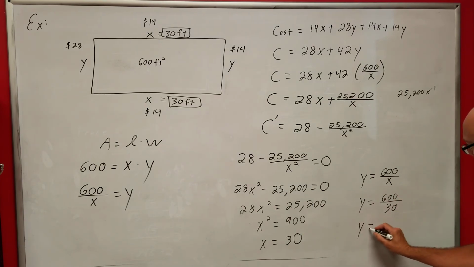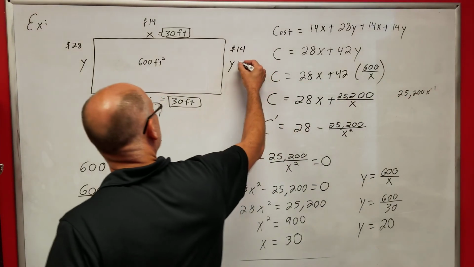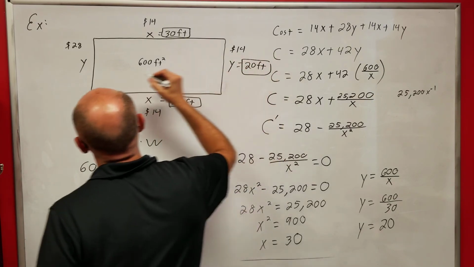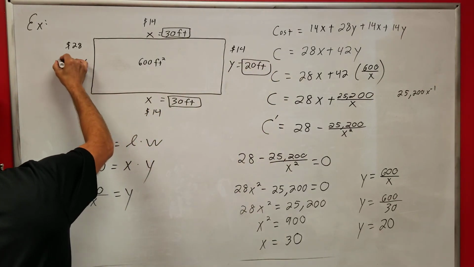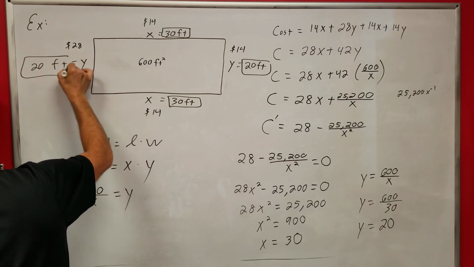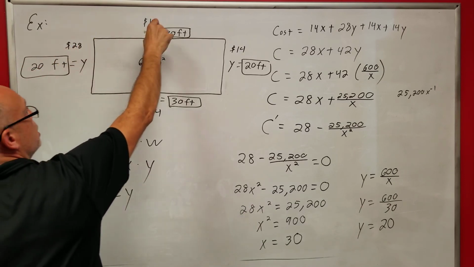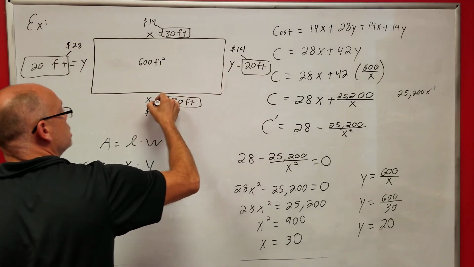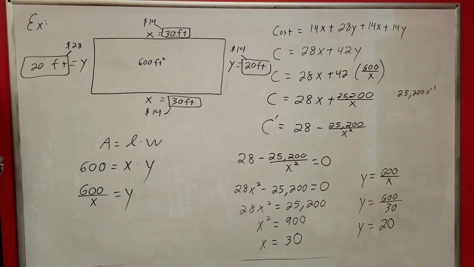So what does that make y? 20. So right here I'm going to have 20 feet for y, and I'm going to have 20 feet for y. And you can clearly see which length goes with each price right here, because otherwise you've got to word it kind of long.